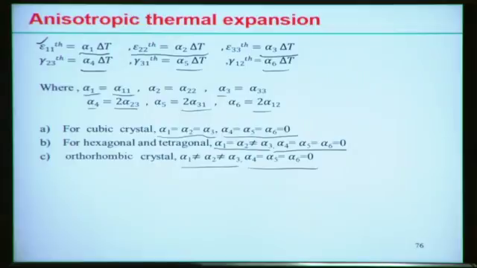First we bring in the different constant terms using the coefficient of thermal expansion, which tells about the anisotropic nature and different orientations. But by analyzing the symmetric nature of different crystal structures, we can further reduce the number of constants in the coefficient of thermal expansion.